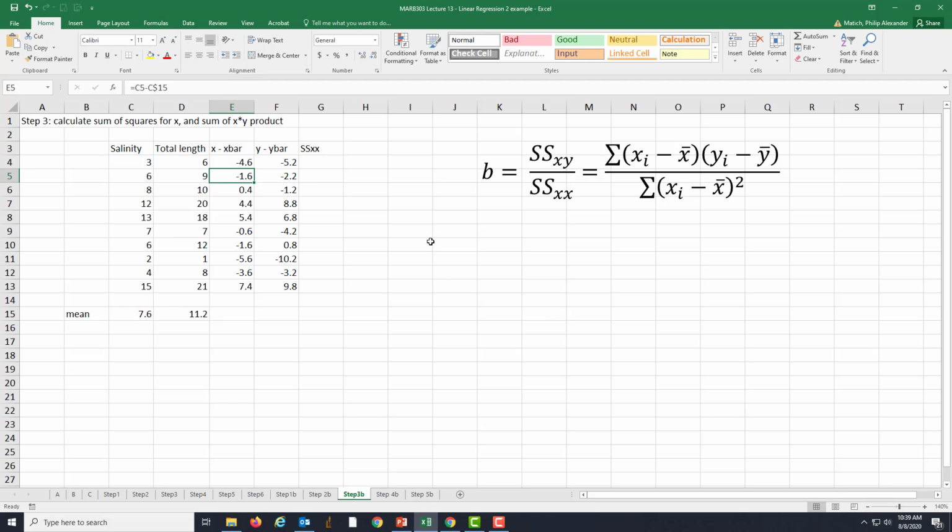And then it's just a matter of going through and calculating the numerator and the denominator. Now, one important step here is that we need to follow orders of operations. So for the numerator, we're going to need to multiply those differences by one another before we take the summation. And then for the denominator, we're going to need to take the square of the difference between the x values and the mean before we take the summation.